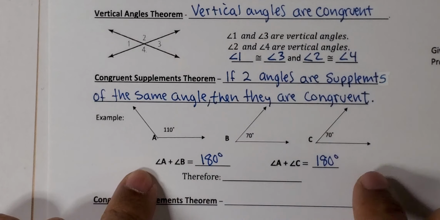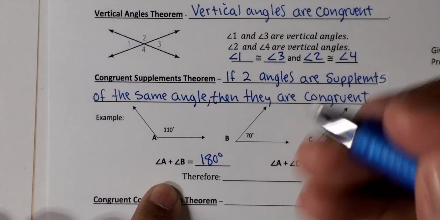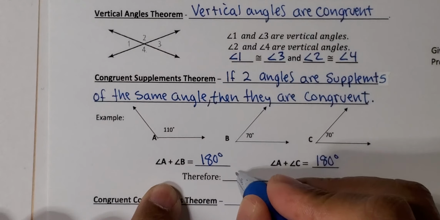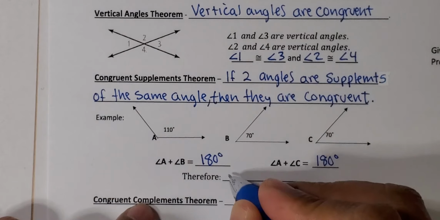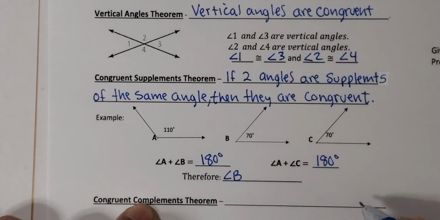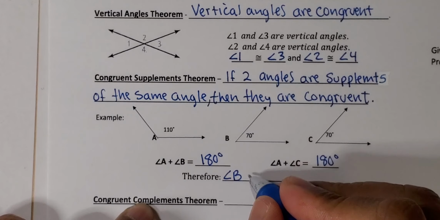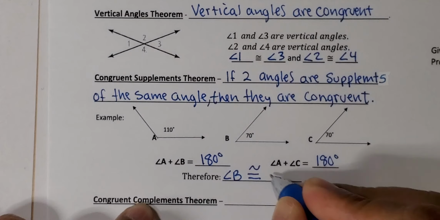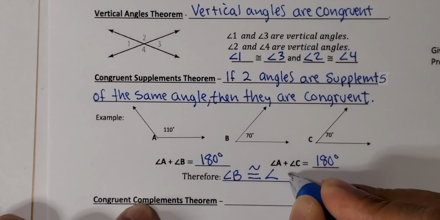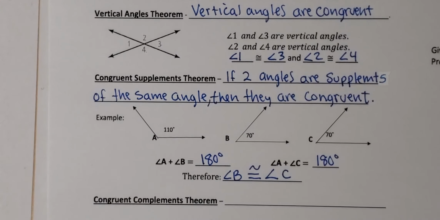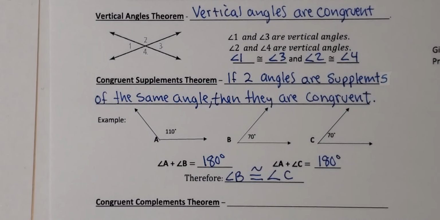Therefore, angle B is congruent to angle C. And that's obvious here by the example I just gave you for the three angles. Okay, so that's what this theorem is saying.